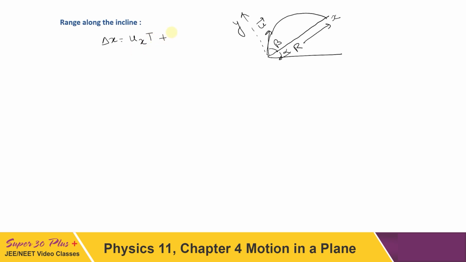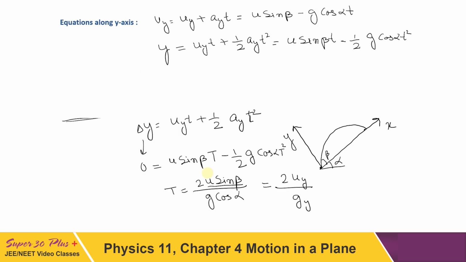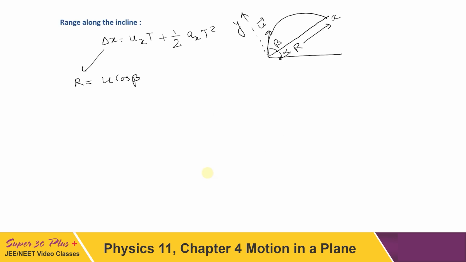Uxt plus half axt square. Already we have the value of t derived, so directly that can be used, and range can be written as, what is ux now? u cos beta. So this is u cos beta t, and t now we can use from the previous result, which was 2u sin beta upon g cos alpha.